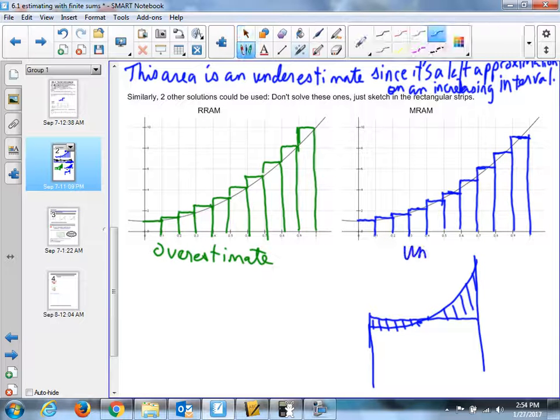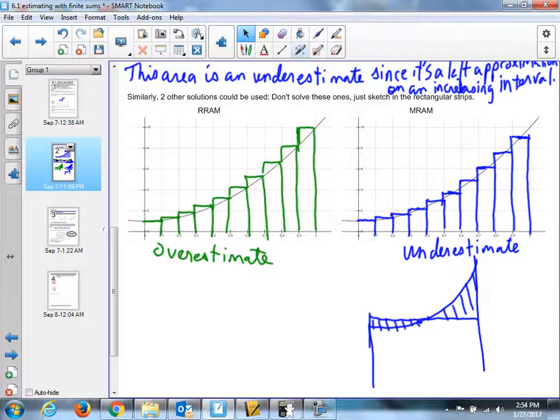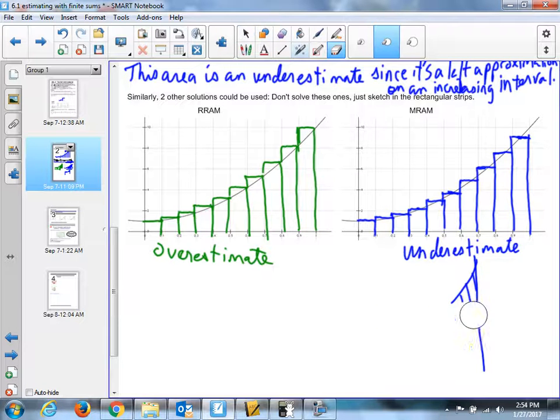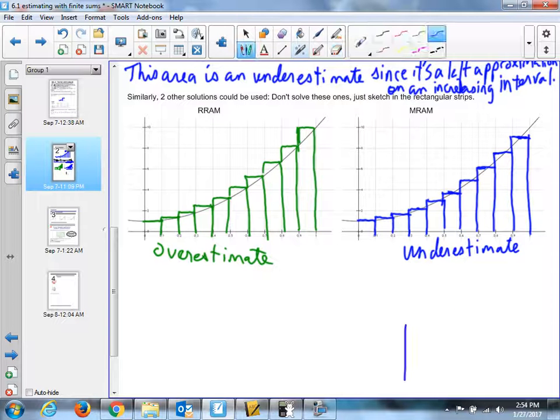But don't worry. If you draw one strip, and my drawings aren't that great, I can't be too accurate. I'm not very good with the smartboard when it comes to that. But if you just draw an exploded view of one of the strips, you'll quickly see, and you can reason out, I guess I'll do a different color, that would be.